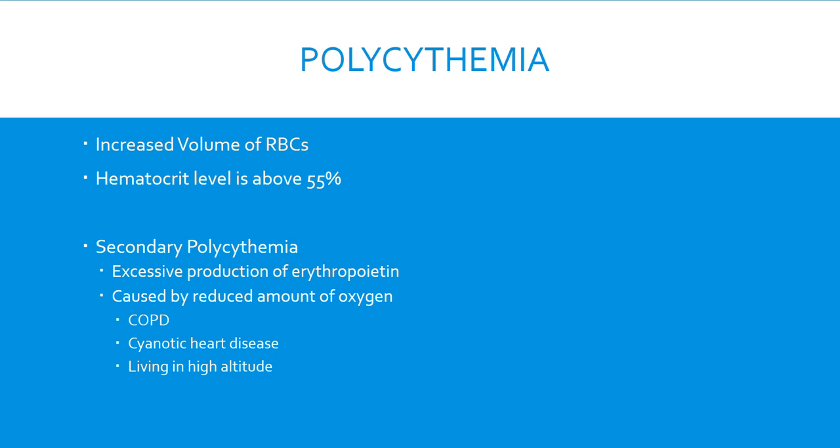Living at high altitudes, those who live in, let's say, Denver, where the altitude is very high and the air is very thin, your body will actually produce more red blood cells in order to carry whatever oxygen you can induce, and then it can actually circulate and make it more efficient.